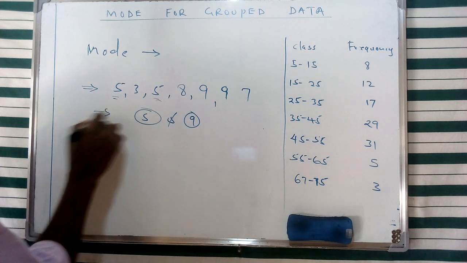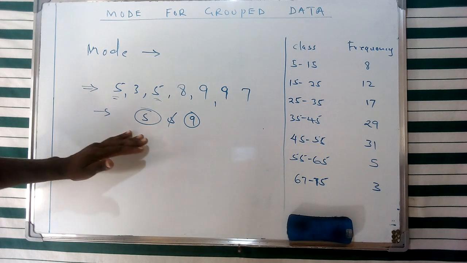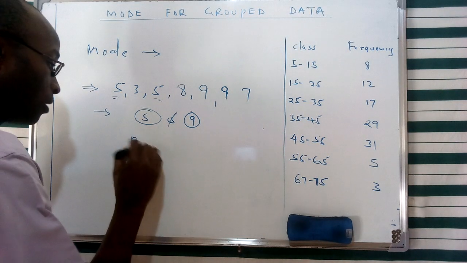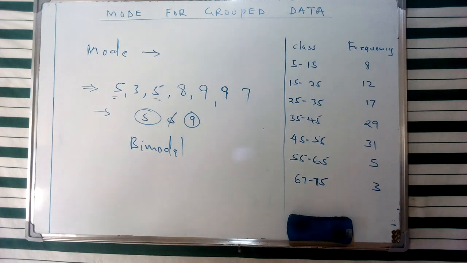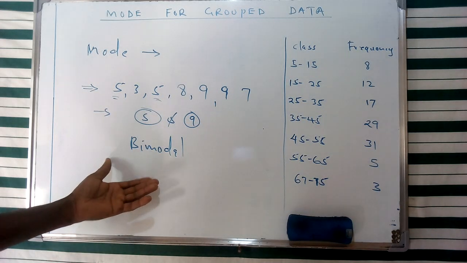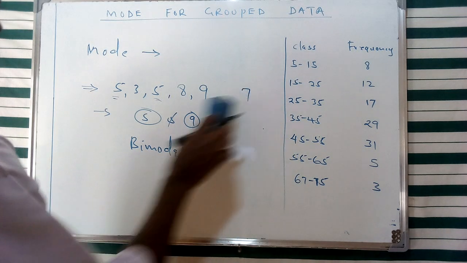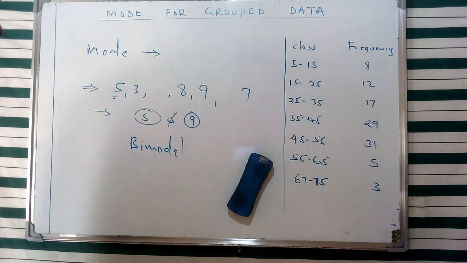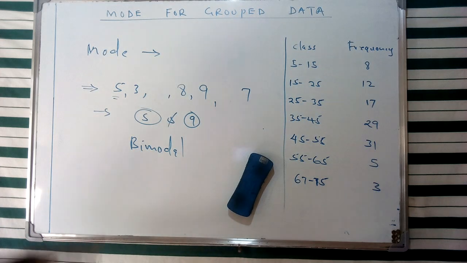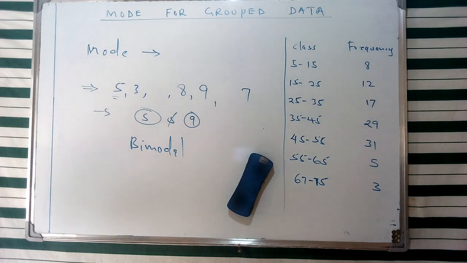In this case, we refer to this data as bimodal data, in the sense that we have 2 specific values which occur frequently, which are 5 and 9. In some cases, we're going to have a set of data which lacks values occurring frequently, and this is data with no mode.